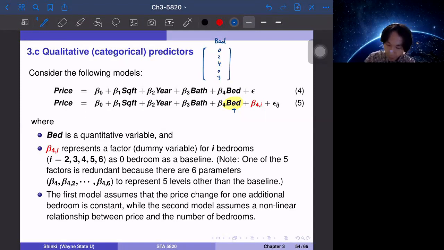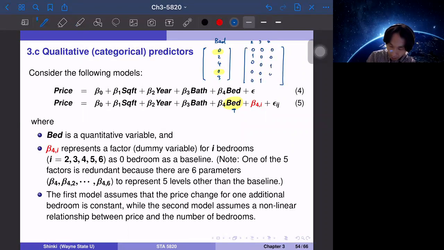Then we can prepare dummy variables. We think about the baseline, and we can exclude the baseline. Suppose 0 is the baseline. Then we prepare the dummy variables for 2 bedrooms, 3 bedrooms, 4 bedrooms, and 5 and 6 in the real data set.